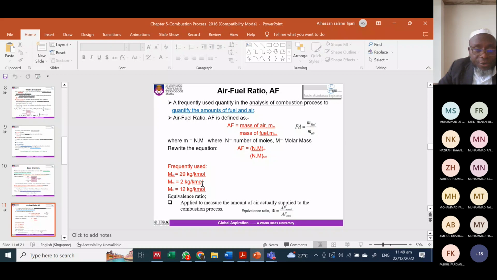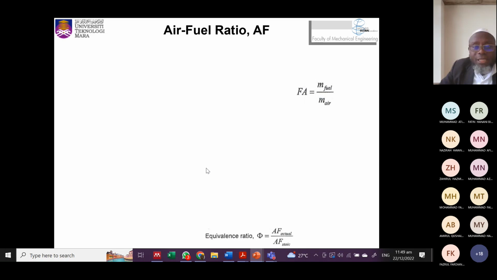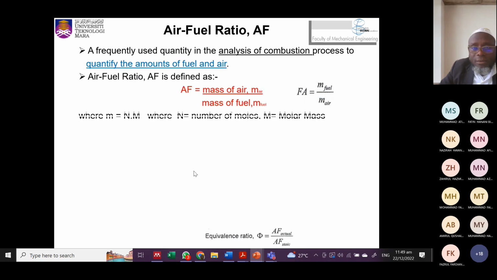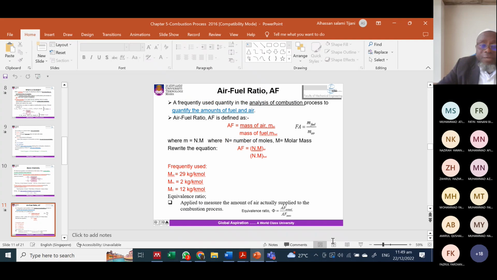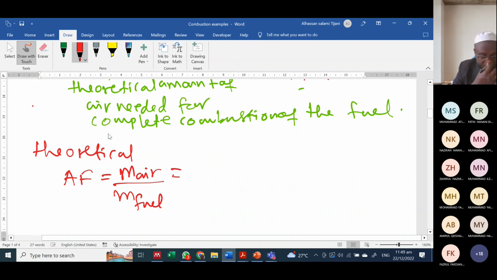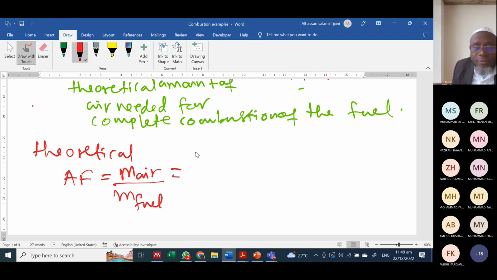What is the mass of the air? The molar mass of air is 29 kilogram per kilomole. So that's the mass of the air. So we write down 29 kilogram per kilomole.